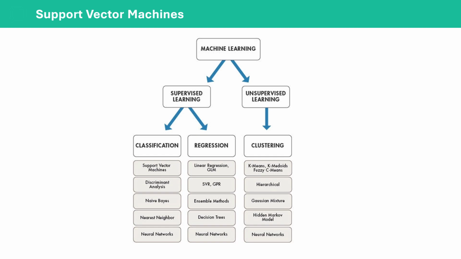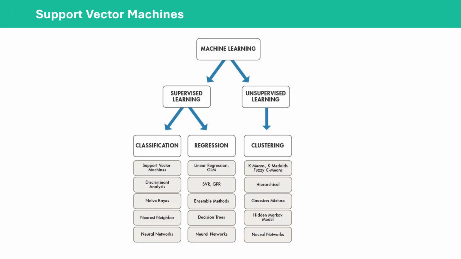It actually competes with naive Bayes, discriminant analysis, nearest neighbors, neural networks. Under regression, we have support vector regression. Now, what's interesting is this, okay? Here's what is very interesting about this machine learning algorithm.